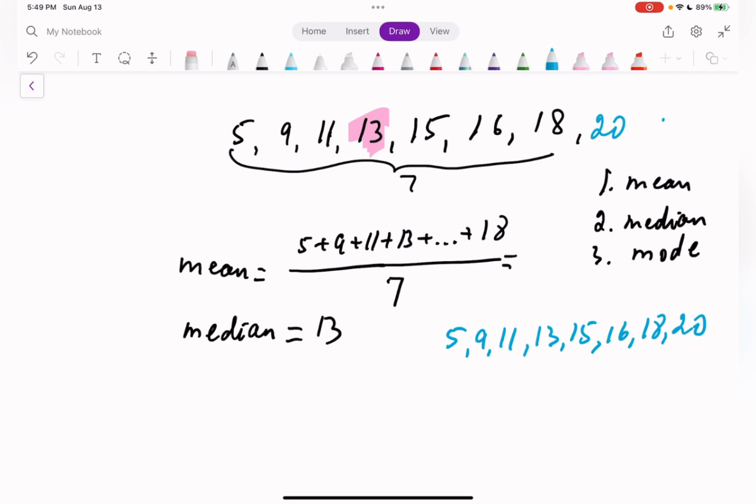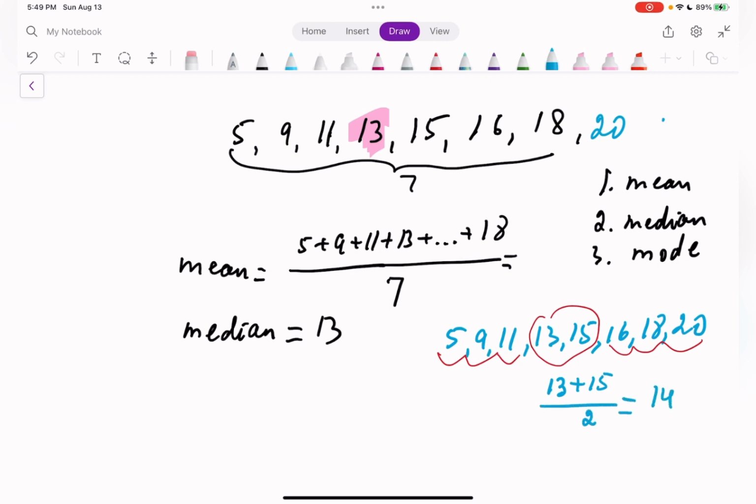When we had an odd amount of elements, it's very easy. We take the central position. But what if we have even? Since we have 4 and 4, altogether 8 elements, I'm taking the middle 2 positions, 13 and 15. And with the middle positions, I'm going to get the average, meaning the mean of these two. 13 plus 15 divided by 2 is 14.